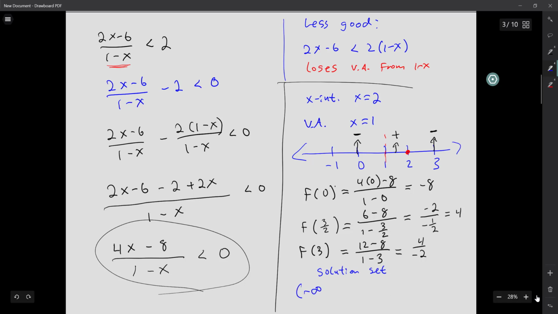It's minus infinity up to 1. Can't include it because it's an asymptote, and I can go from 2 to infinity because it's going to be positive forever after that. And just as a note, if I had included an equality here for 0, all that would change is when I get to my answer, I would switch to a square bracket for the 2. Not for the 1, because that one comes with an asymptote, so I can never include that.